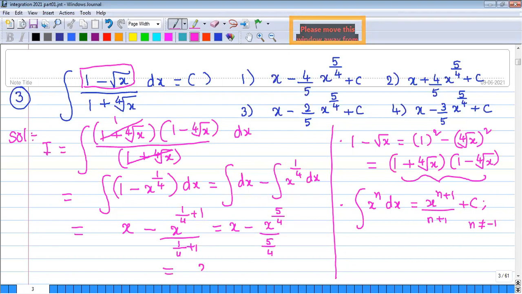This is x minus 4 upon 5 x to the power of 5 by 4 plus constant of integration. Option 1, sir.